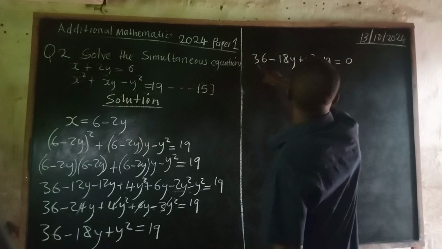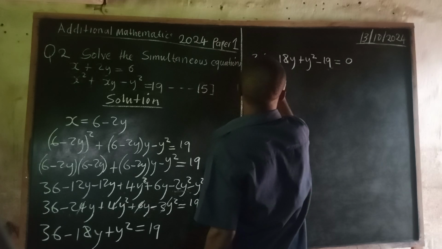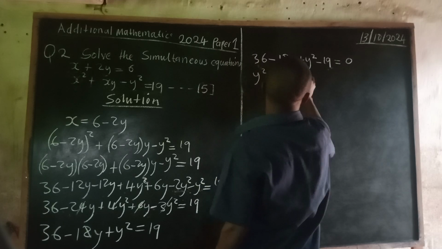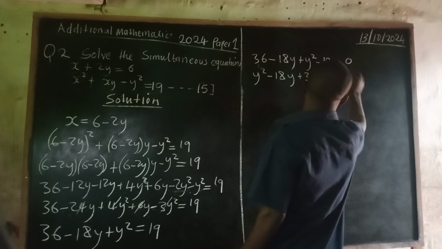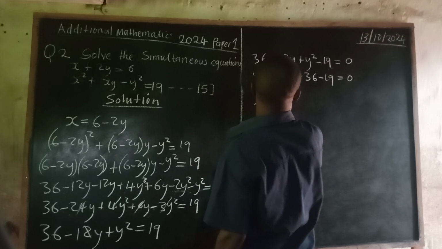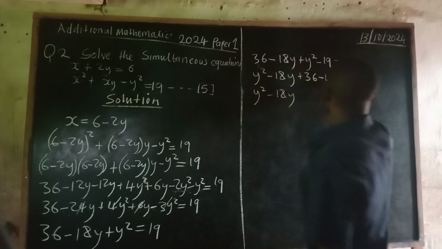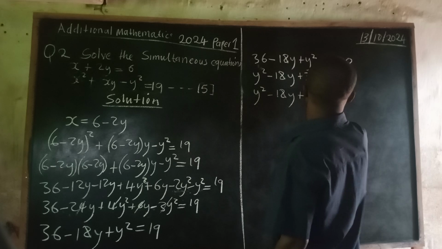So let us rearrange them like this: y squared minus 18y, then plus 36 minus 19 equals 0. 36 minus 19, the answer is positive 17.